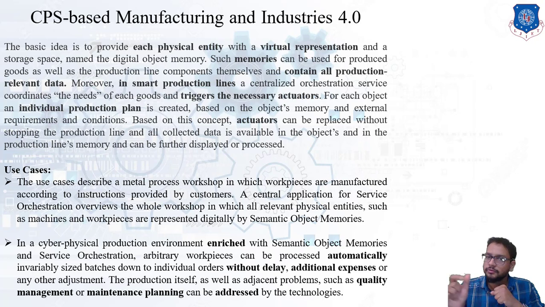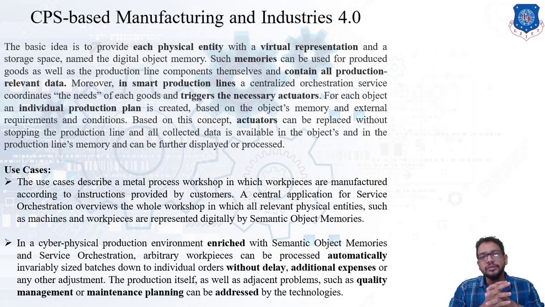We cannot write it as I flowers love. A proper structure has to be formed. That structure which is formed in a database is called semantic. So in a semantic object memory, every data will be in a proper syntax, in a proper structure, in a proper manner.